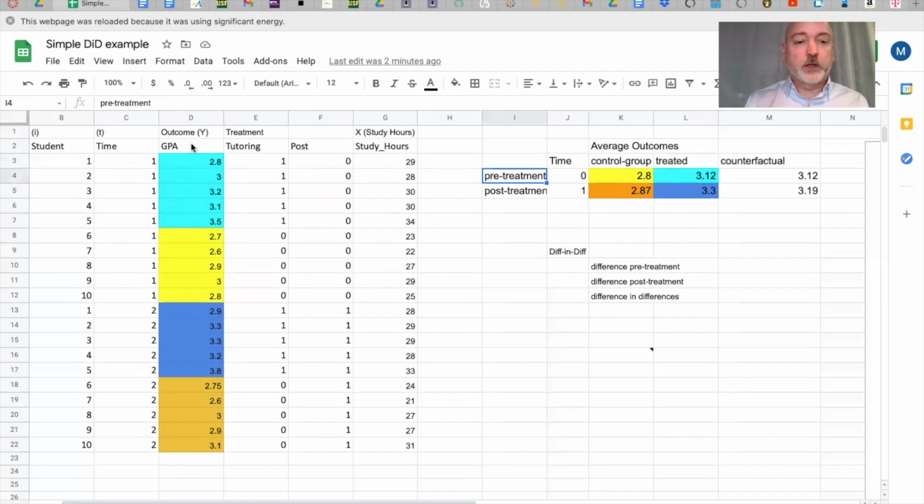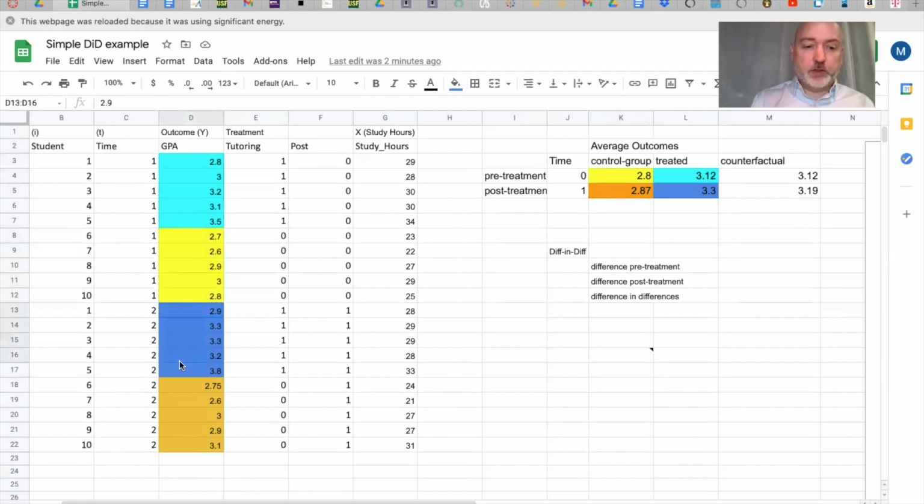So it's in period 1, before treatment has occurred, so our post-treatment indicator is 0. Moving down, this next group is still in the pre-treatment phase in period 1, but this is in the control group. So the treatment indicator is equal to 0.